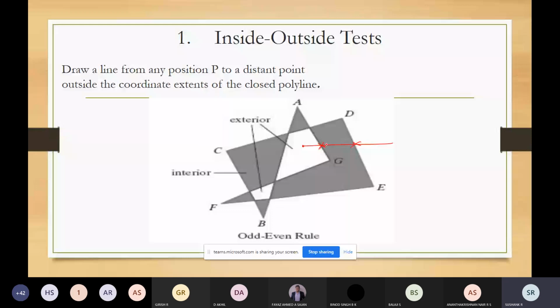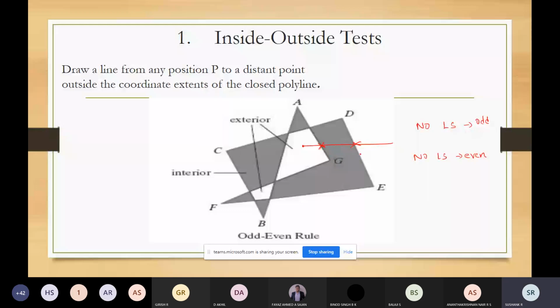So two conditions are possible: the number of crossings is odd or even. From this point, I've drawn a line and it is intersecting two edges, AG and DE. If the count is odd, it is interior.